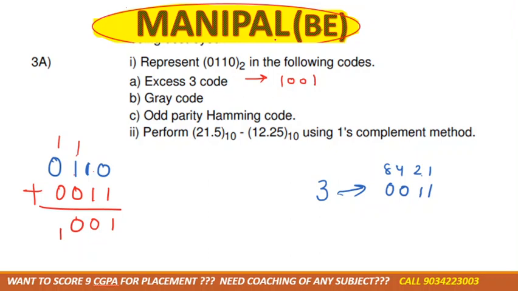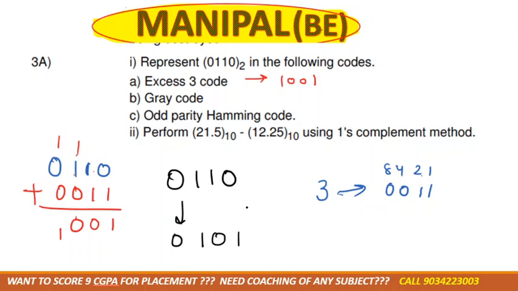Now we need to convert it into the gray code. How to convert it into the gray code? It's 0110. We need to convert it into the gray code. So what is the value? So we'll write down as it is, right? So its final answer is 0101.